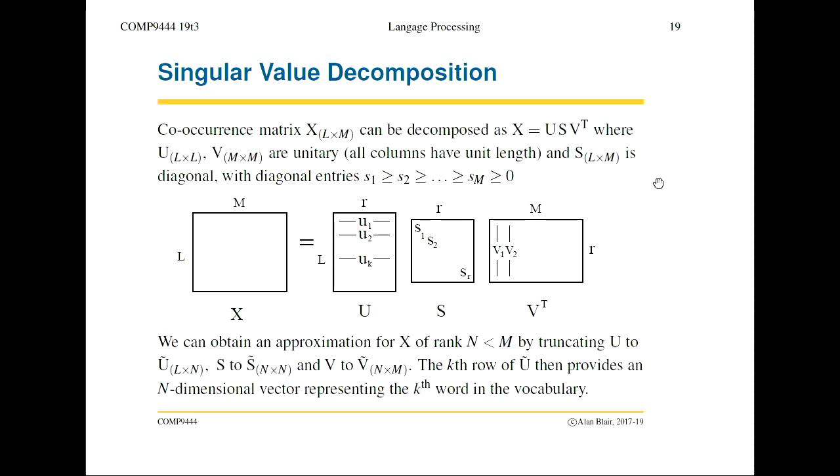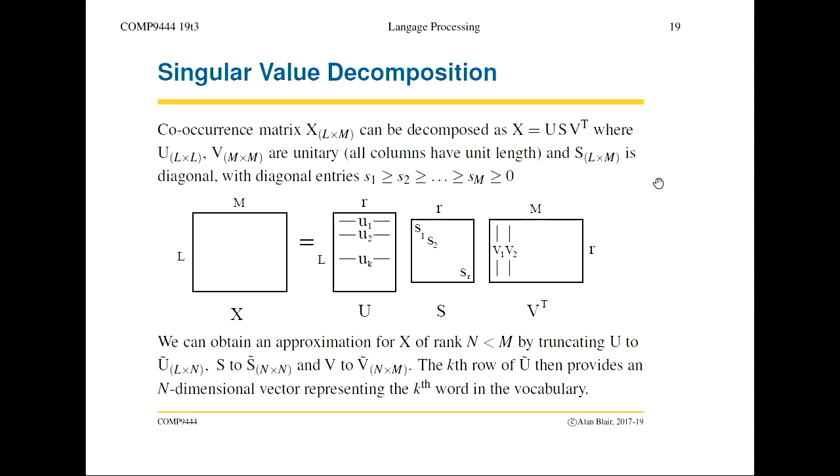You can decompose the matrix into a product of three matrices, U times S times V transpose, where U and V are unitary, meaning that all the columns have unit length, and S is diagonal.